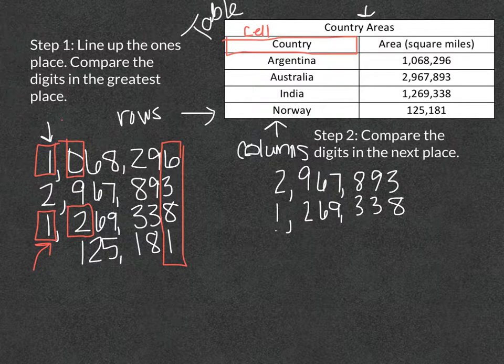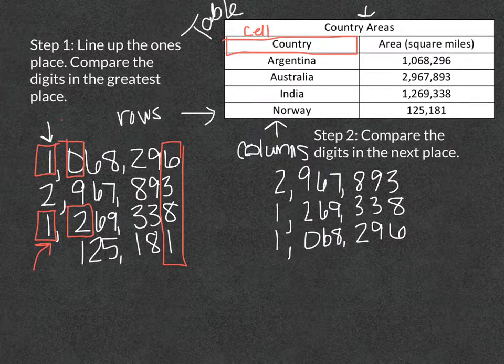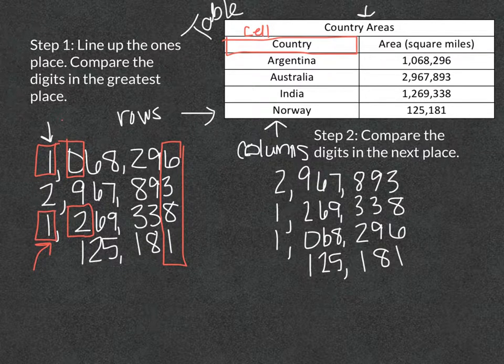And then 1,068,296. And then lastly, we have a number that doesn't even have a digit in the millions place. It has one in the 100,000s place. That's the biggest digit. So 125,181 is the number with least value.